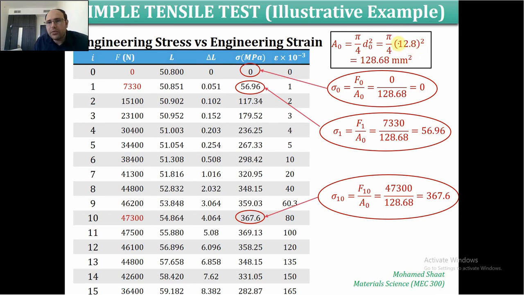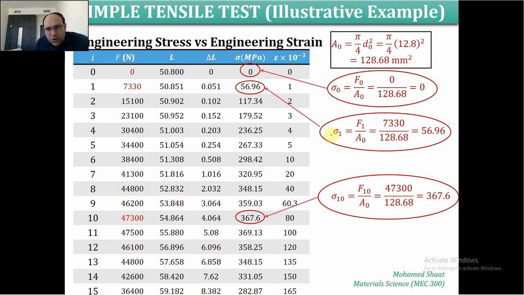If you square this value times pi over 4, you're gonna end up with 128.68 millimeter squared. This is gonna be the original area of this material sample. Then you're gonna divide every single force over this area. So 0 over this area, definitely this is gonna give us 0. So that's why at instant 0, the stress is still 0.